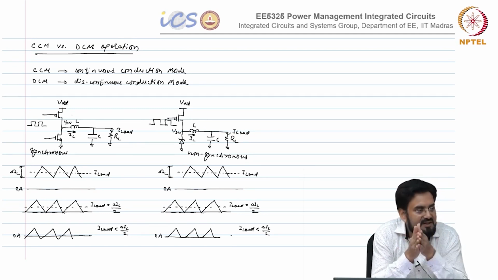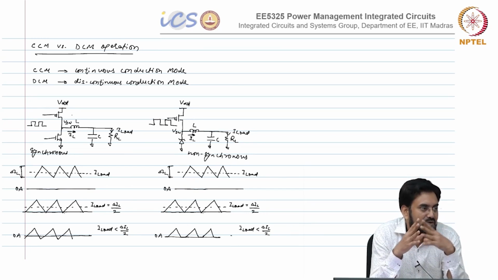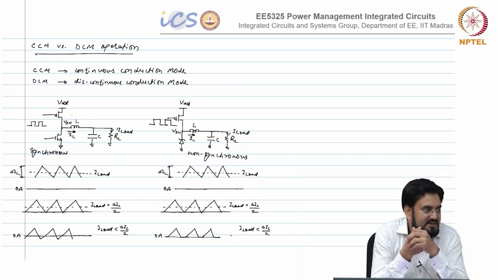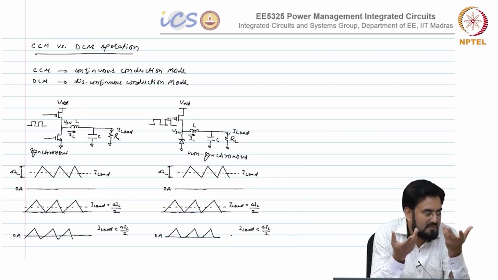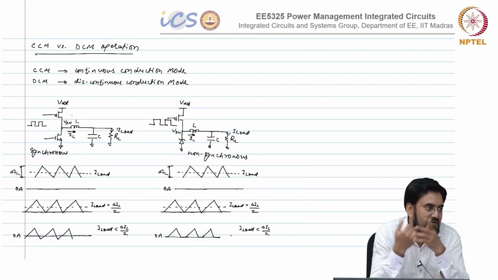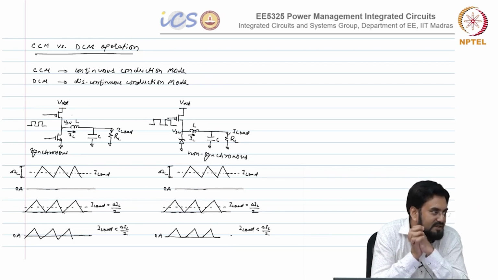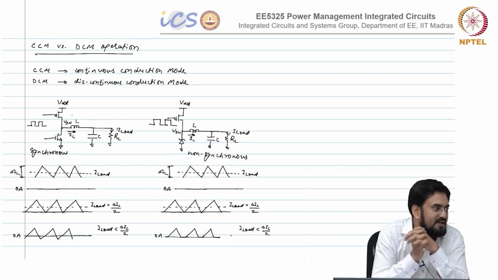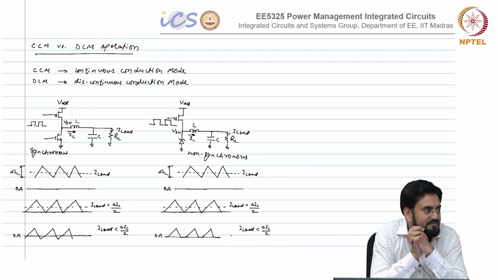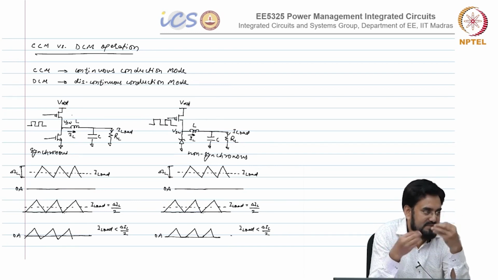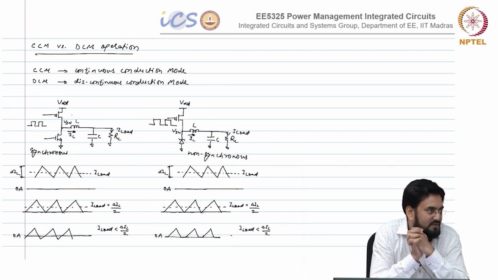So most of the time we try to keep it above 20 kilohertz. Which means if you further reduce the load and you have to reduce the switching frequency, then you cannot reduce the load beyond that. If your load is reducing, then you have to put a dummy load at the output, so that your frequency doesn't fall below 20 kilohertz, or you forcefully operate in CCM. These are the two options you can do.